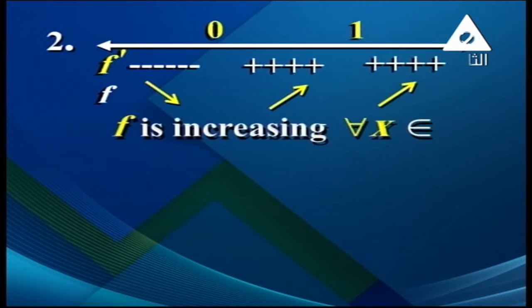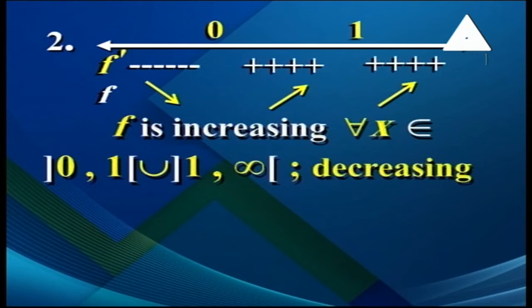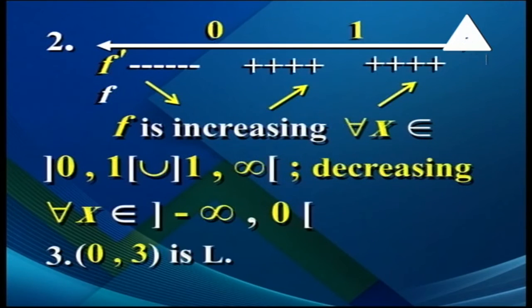Then f is increasing for all x belonging to open interval 0, 1 union open interval 1, infinity. But the function is decreasing for all x belonging to the first interval, negative infinity to 0. Number 3, 0, 3 is a local minimum.